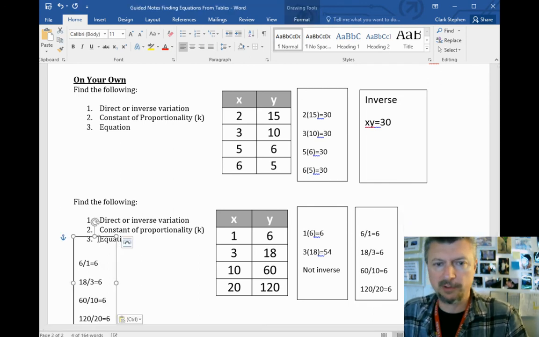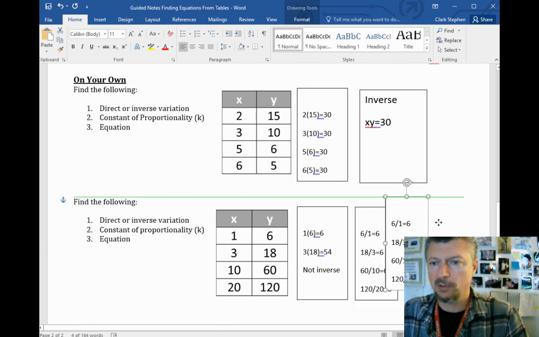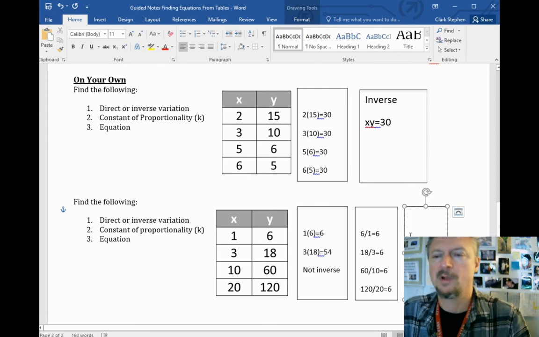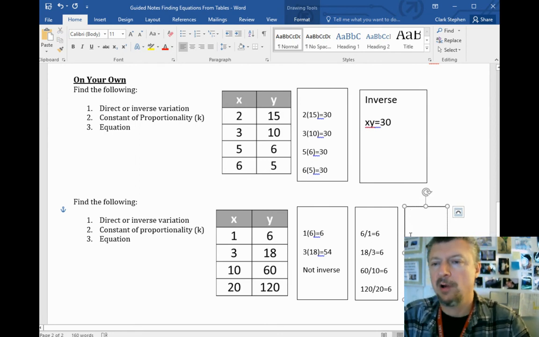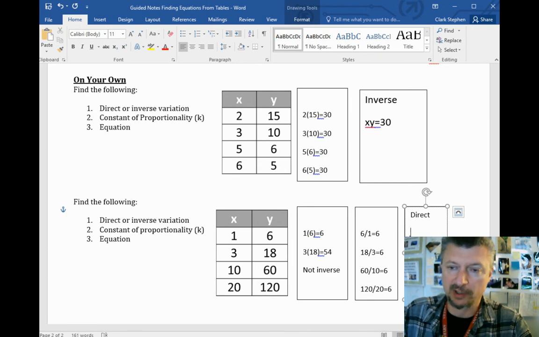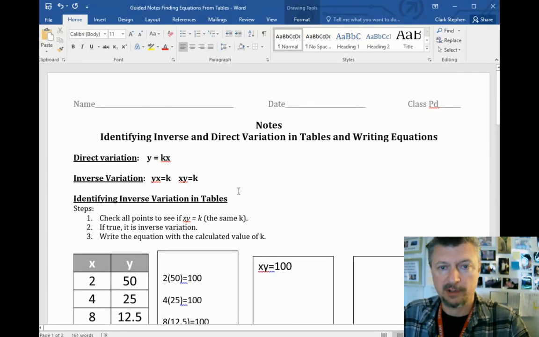So we come on over here. Another box right there. And I'm going to say it's not inverse, but it is direct. Direct variation. And you know the direct variation equation, if we look back up here. There it is right here. Y equals kx.